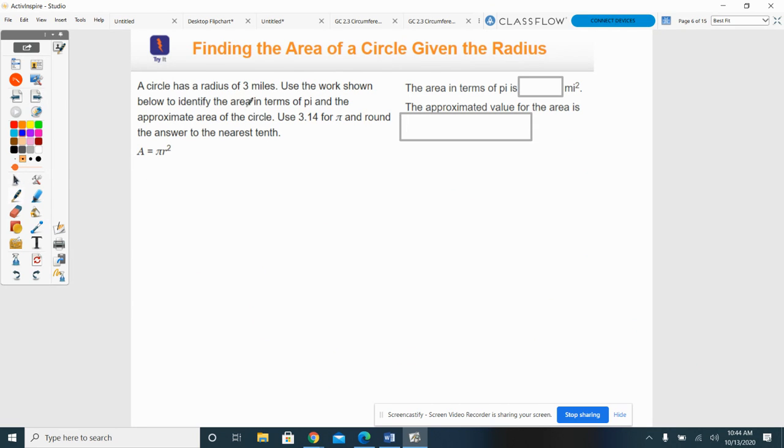What's next? A circle has a radius of 3 miles. It's a big circle. Use the work below. Figure out what the area will be in terms of pi first and then approximate. So we're going to do it 2 times. First we'll do exact and then we'll do approximate. So the radius is 3, pi times 3 squared. So do the part without the pi to get the exact, and that will be 9 pi miles squared.